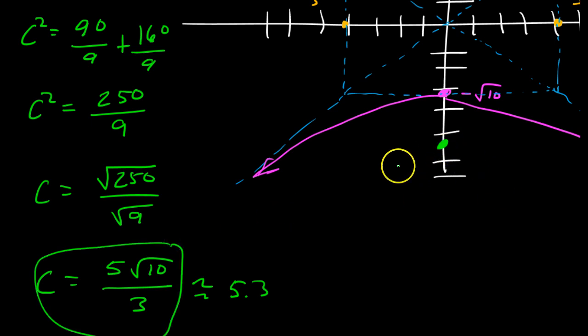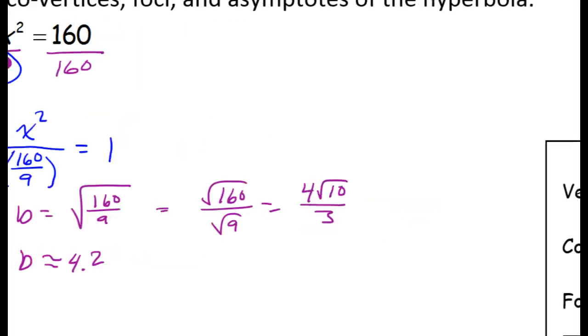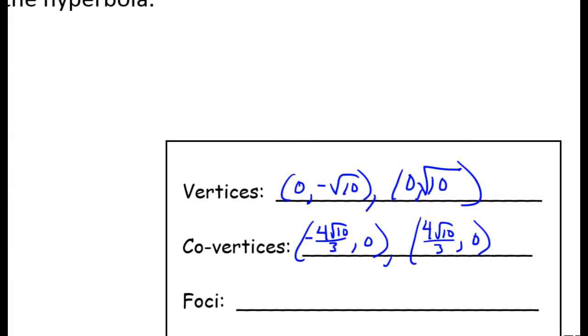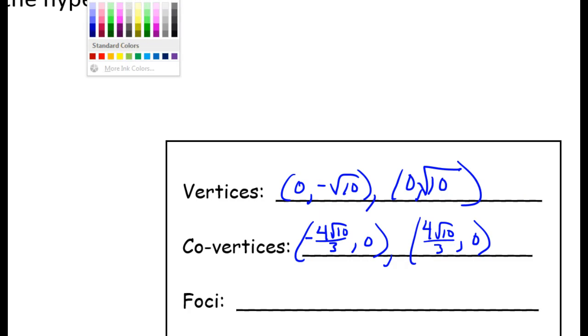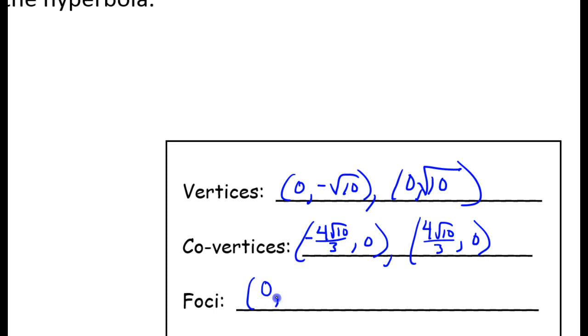So for example, this focus right here would be 0 comma negative 5 radical 10 over 3, for example. Alright, so of course the other one would be 0 comma positive 5 radical 10 over 3.